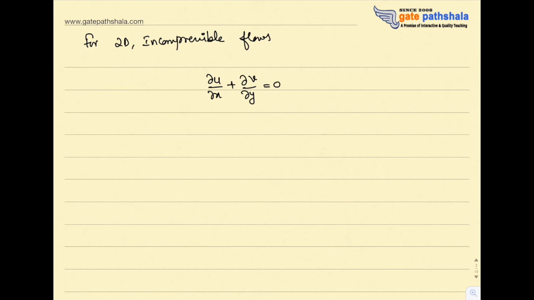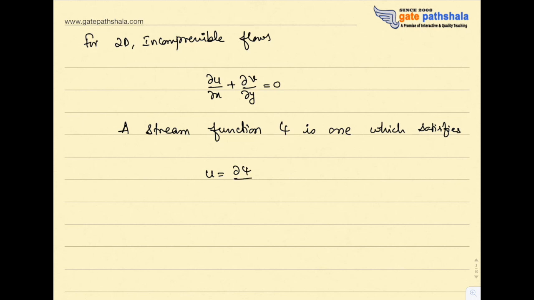The stream function psi is one which satisfies the following equation. So I would like to write a stream function psi is one which satisfies u equals to dou psi by dou y, v equals to minus dou psi by dou x.